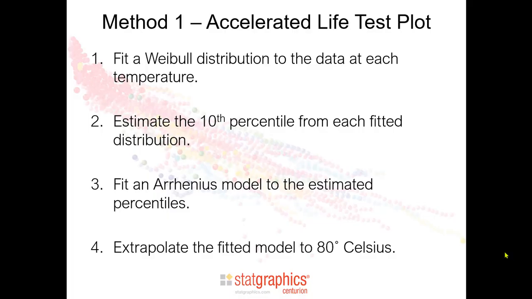That is the point at which I estimate 10% of the circuit boards will have failed. We'll then fit an Arrhenius model to the estimated percentiles at the different temperatures and extrapolate the fitted model to 80 degrees Celsius.